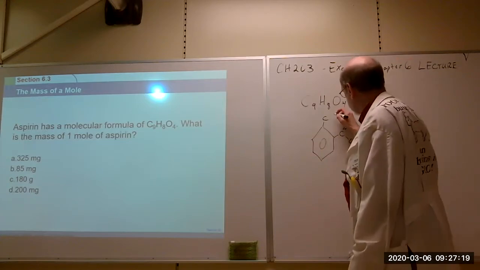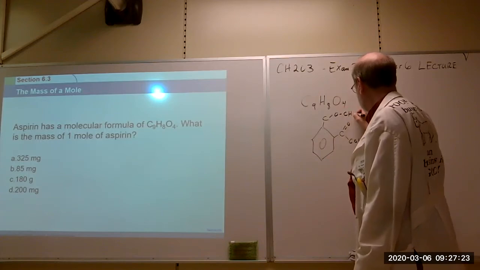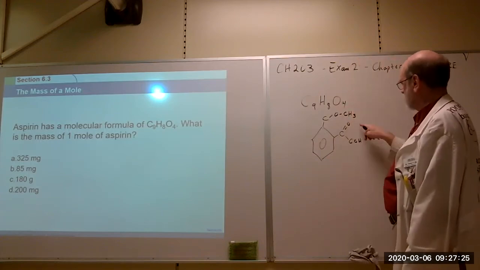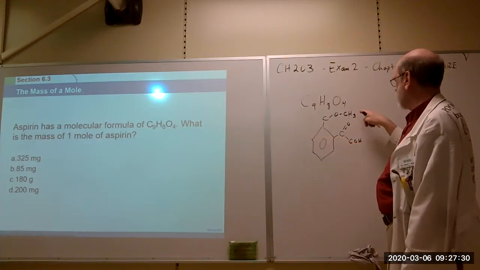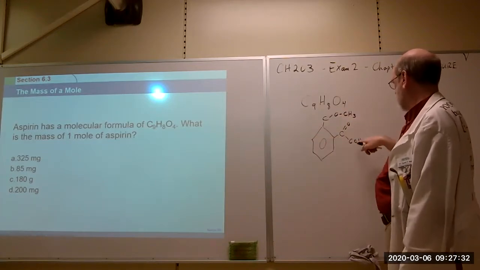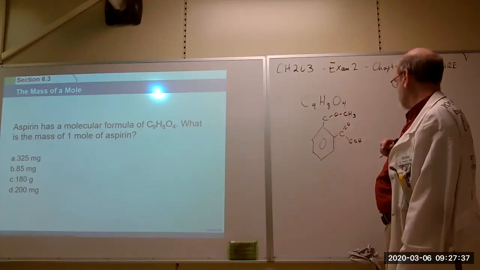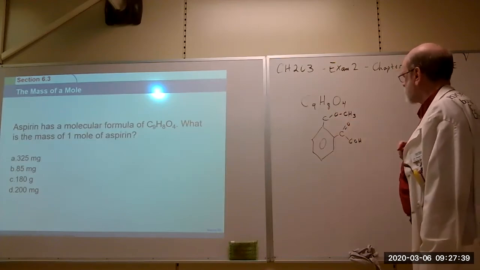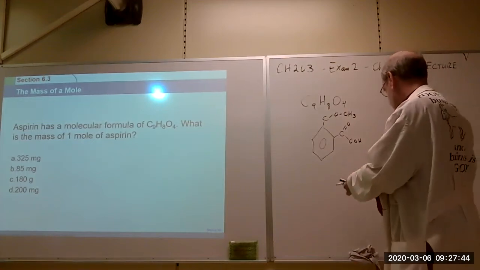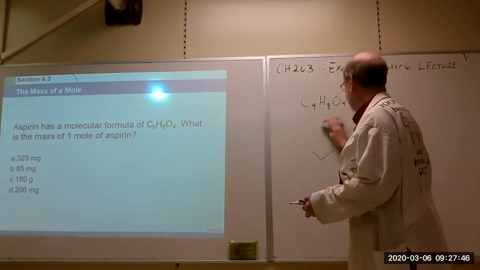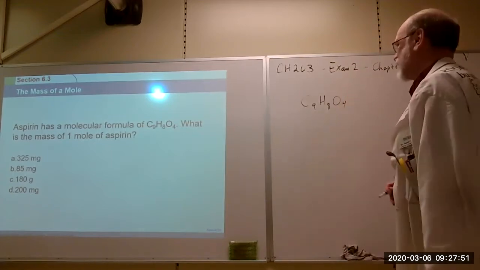So I think this one goes like 1, 5, 6, 7, 8 hydrogens. That's right. Oxygens. 1, 2, 3. I'm missing an oxygen. Okay, I painted myself into a corner. Never mind. I can't remember.